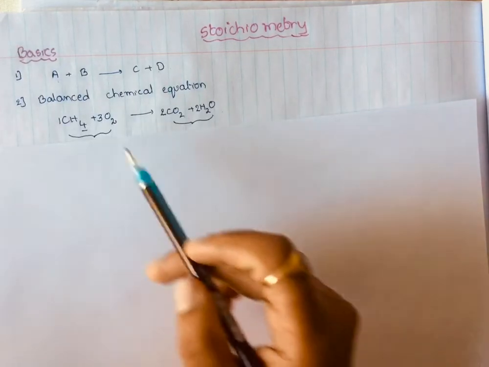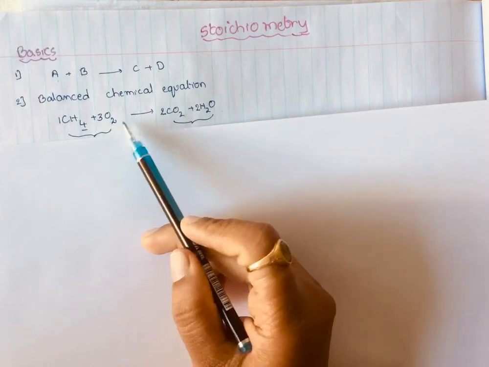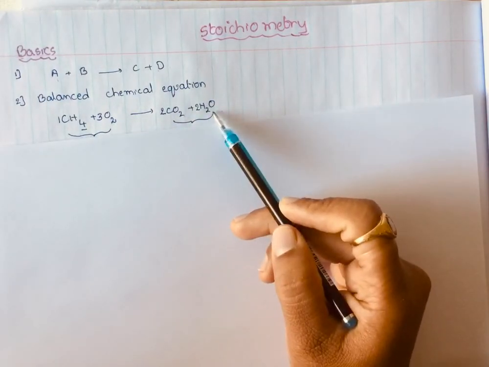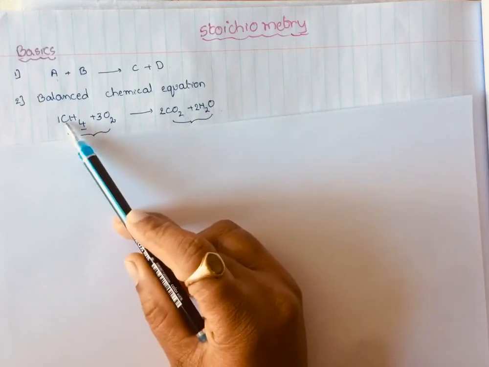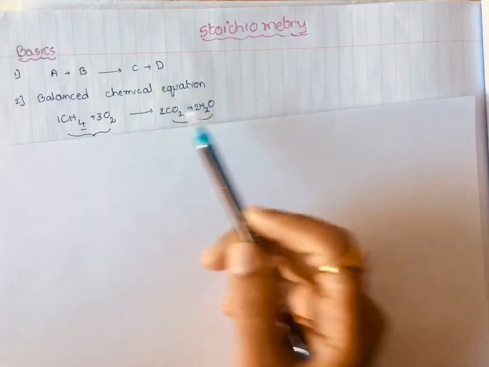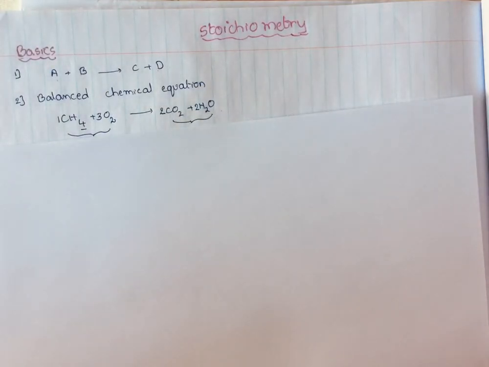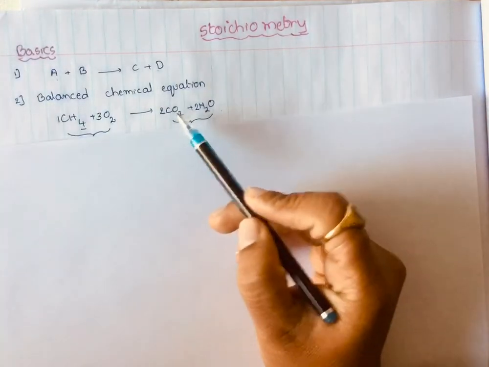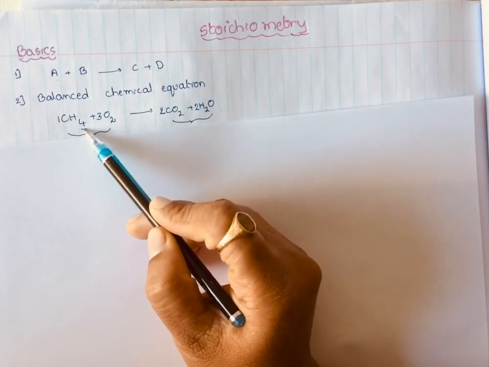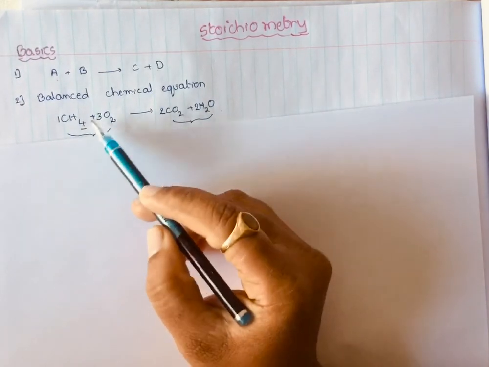For example, take a reaction where methane is undergoing combustion and gives the products carbon dioxide and water. Here the numbers 1, 3, 2, 2 are called stoichiometric coefficients. The numbers that we write within the formula indicate the number of atoms in that molecule.